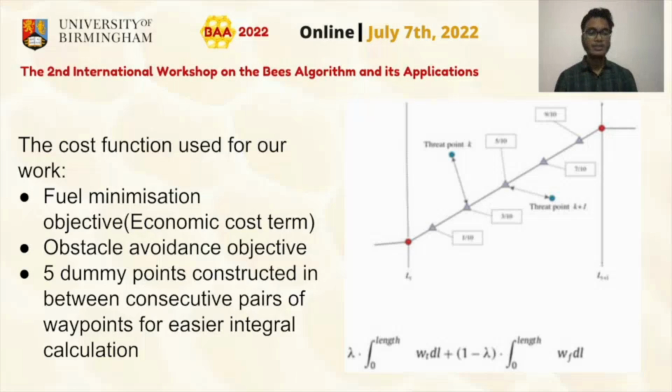Dummy points are constructed in between the consecutive pairs of waypoints so as to approximate the integral calculation of the cost function and to make it easier for the computation.